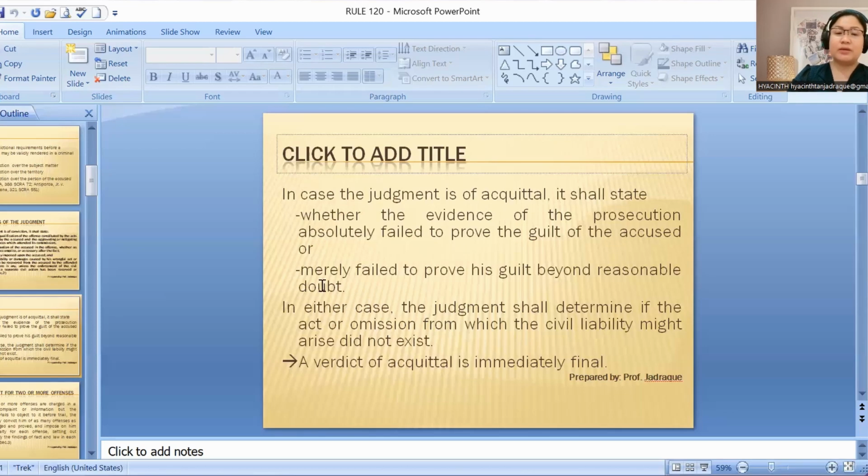To illustrate, if the prosecution was able to prove that indeed there was receipt by the accused of the money from the private complainant, only that there is actually doubt as to the nature of the transaction between them. Maybe it could be a loan or whatever obligation that is.